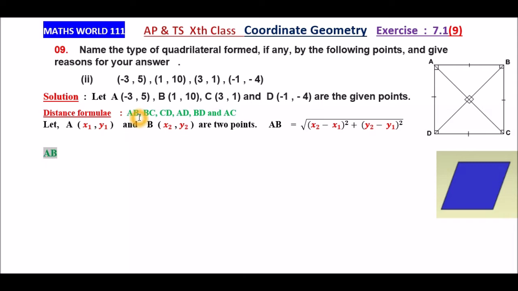AB: A is (x1, y1), B is (x2, y2). So x1 is minus 3, y1 is 5, x2 is 1, y2 is 10.